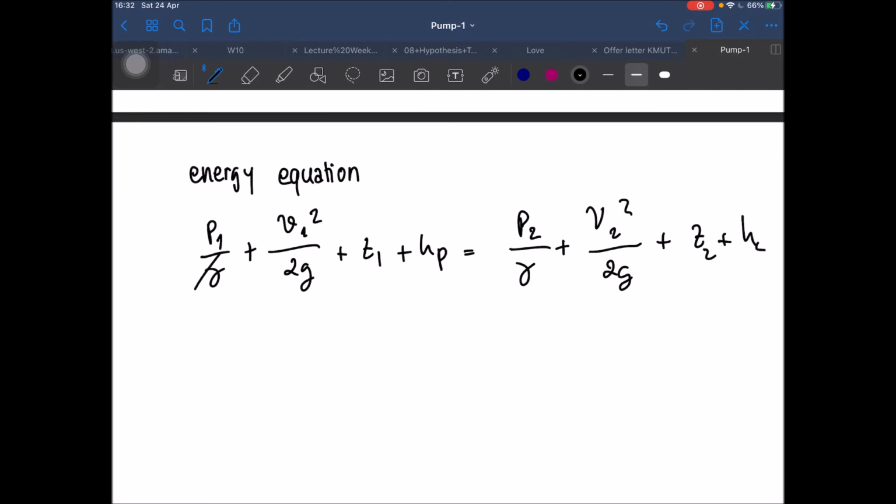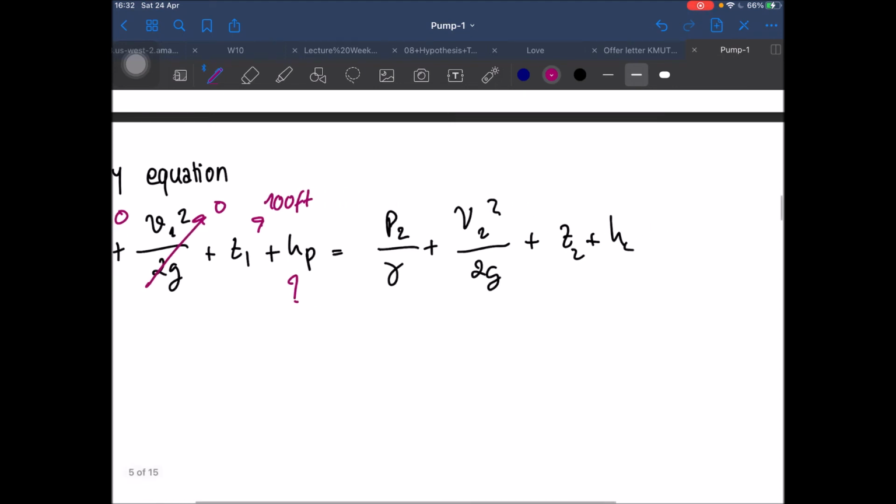So now, I'll use another color: 0, 0, 100 feet, and HP is unknown. This one 0, this one 0, this one is 150 feet, and this one is 58.5 feet that we found earlier.